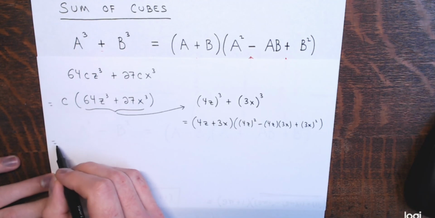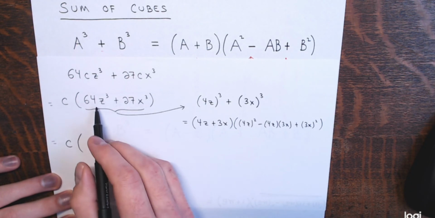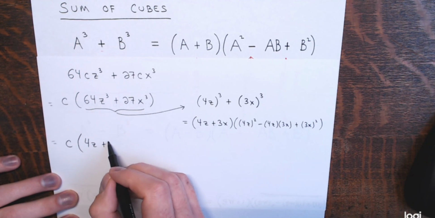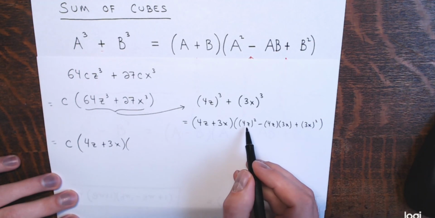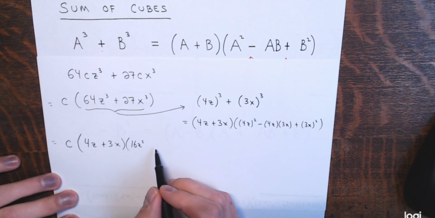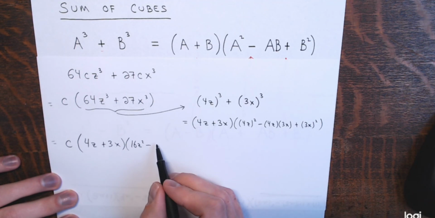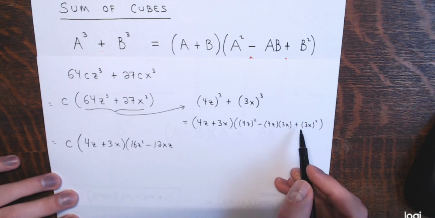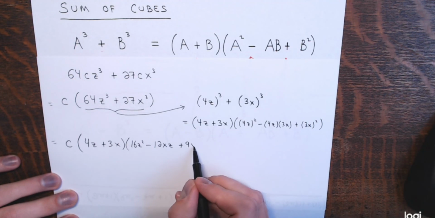So we had the c pulled out, that was the greatest common factor. Then this sum of cubes factors to 4z plus 3x times the other trinomial factor: 4z squared is 16z squared, minus 4z times 3x would be 12xz or 12zx, whatever, plus 3x to the second is 9x squared.